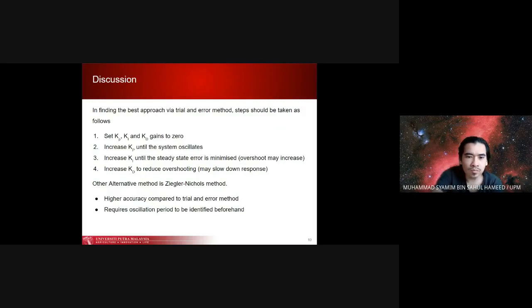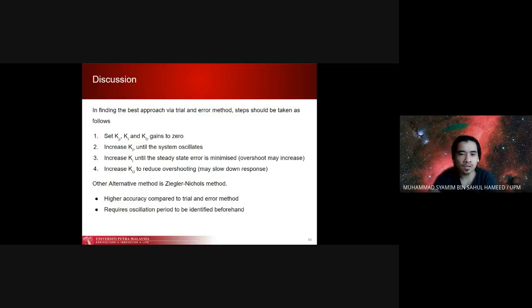Next, we increase the integral term until the steady state error is minimized. But in this step, the overshoot behavior may increase. Therefore, we increase the derivative gain to reduce the overshooting. But as a consequence, it may slow down the response.